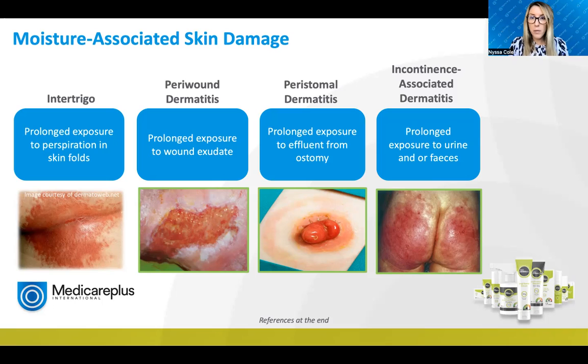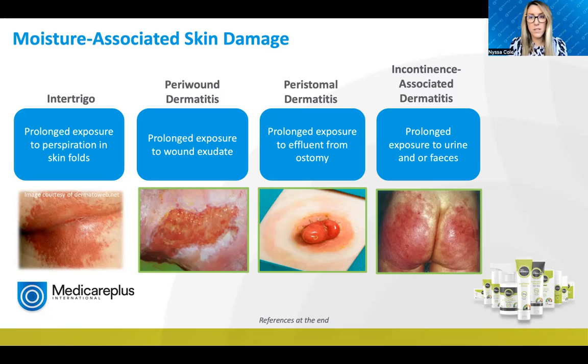We then have peristomal dermatitis, and peristomal dermatitis is obviously caused by that output from that stoma. That skin is continuously exposed to either urine or feces, and can really affect that skin. So it can be quite difficult when people first have their surgery and they first get used to those lifestyle changes, but that can cause a problem with the skin there.